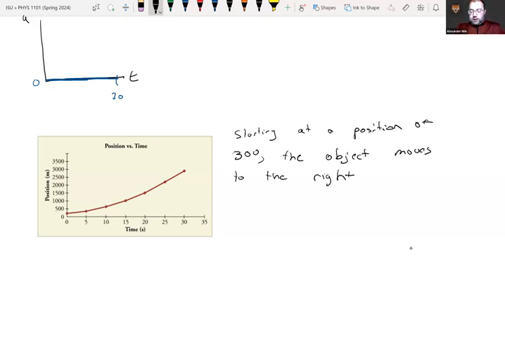Now, you could say this a number of different ways. Moved about 200 in the first 5 seconds. So 5 seconds, plus 200 meters, 10 seconds. So the next 5, well, we'll say you have an increase of 200 meters.